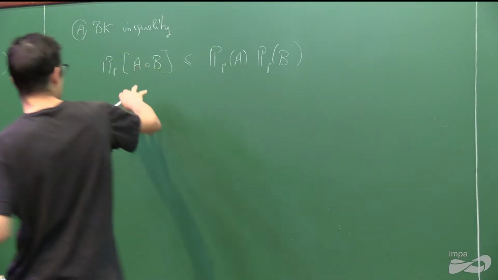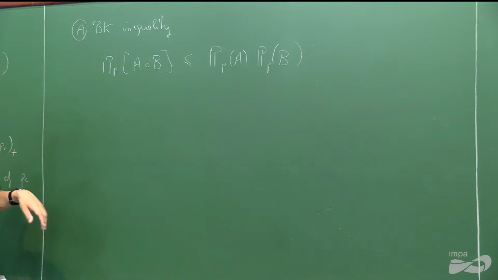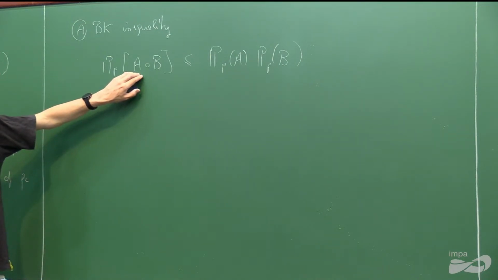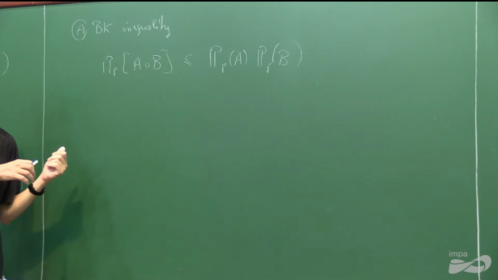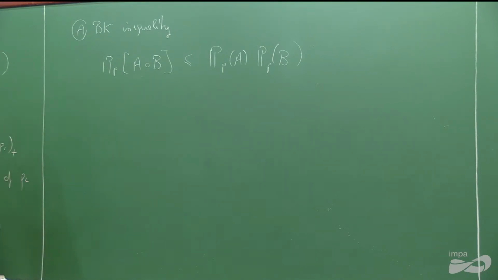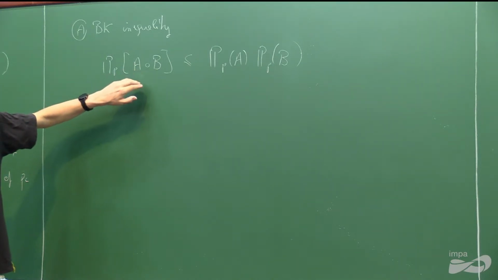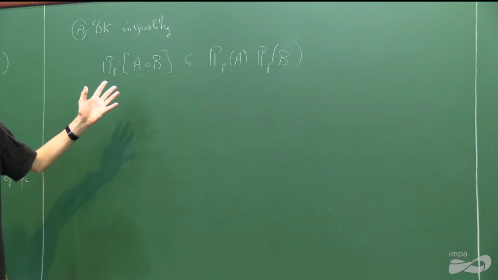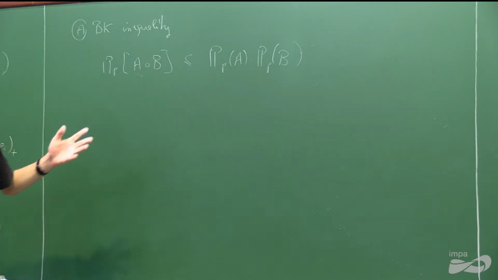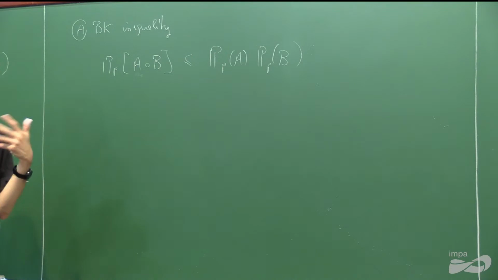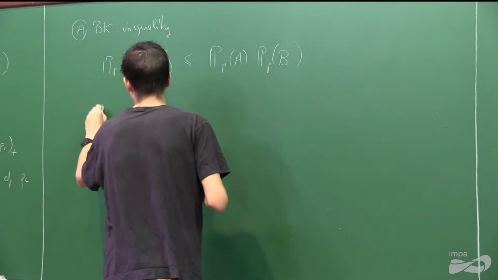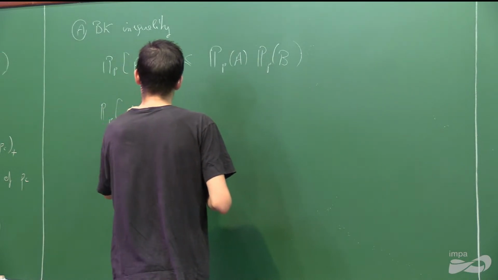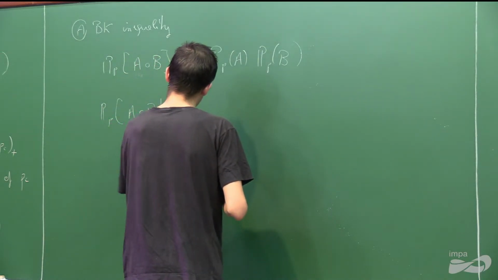The idea is that for this event to be satisfied, first you need A to be satisfied, and then you need B to be satisfied, but you cannot use the edges that you have used for A. So in a sense, the open edges that you have used to satisfy A are considered closed for B. So B sees more closed edges than a regular environment, and this is the reason why this is true.